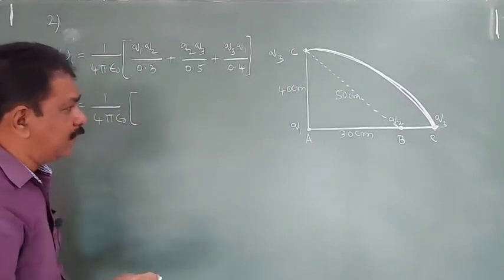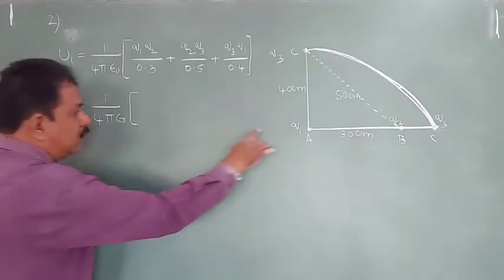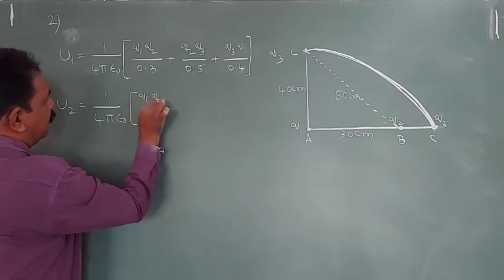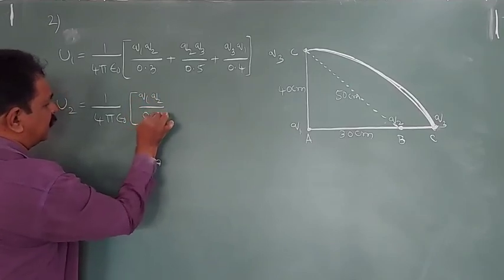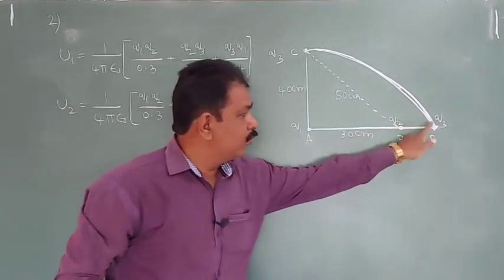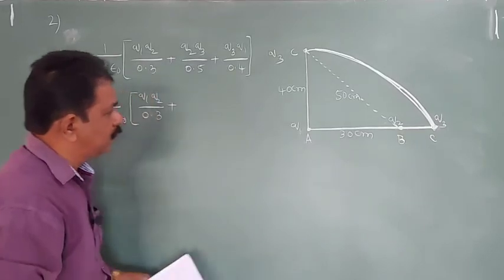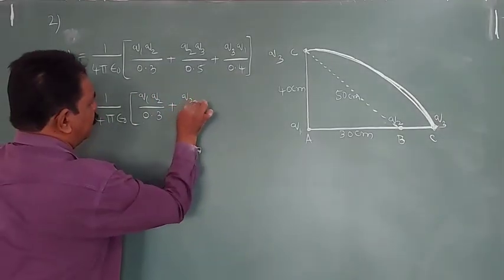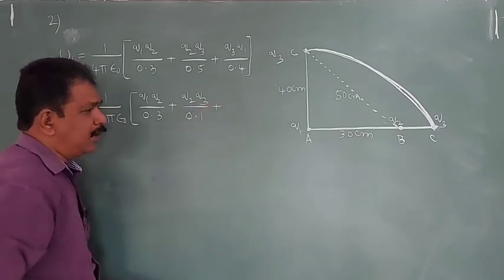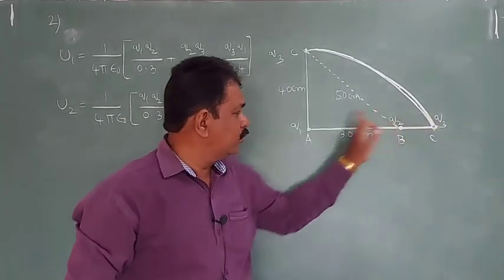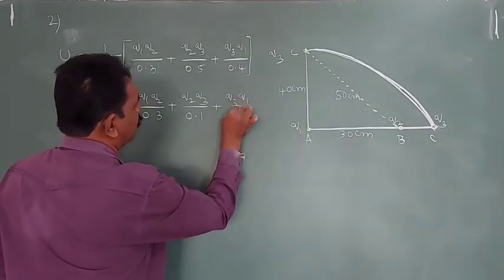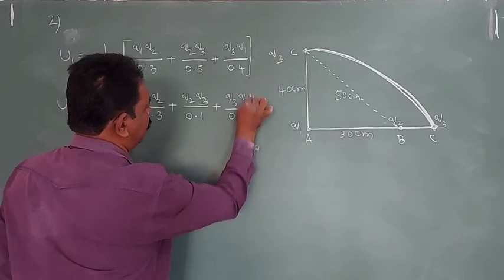Now again, if you write the potential energy, Q1 Q2 by 30 centimeter means 0.3 meter, Q2 Q3 that will be 10 centimeter means 0.1. Next Q3 Q1 by 0.4.